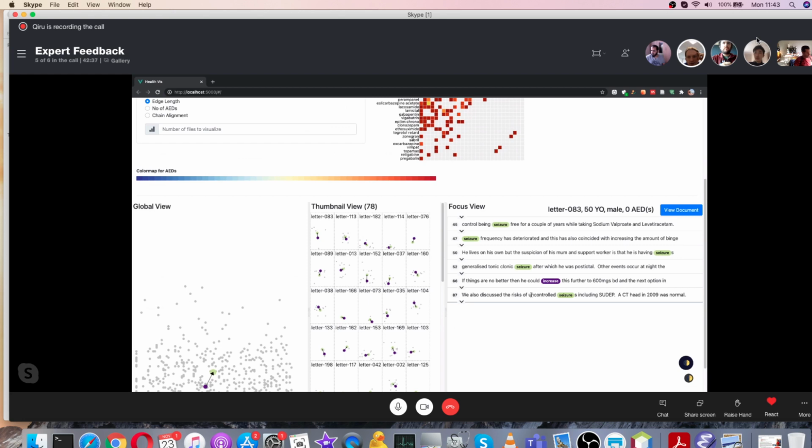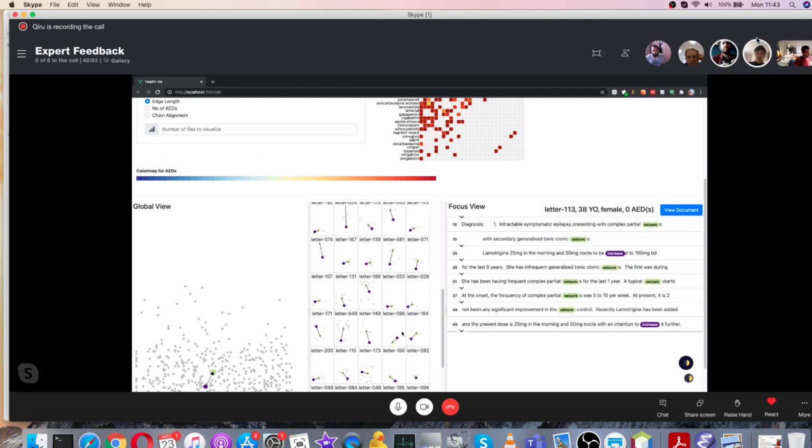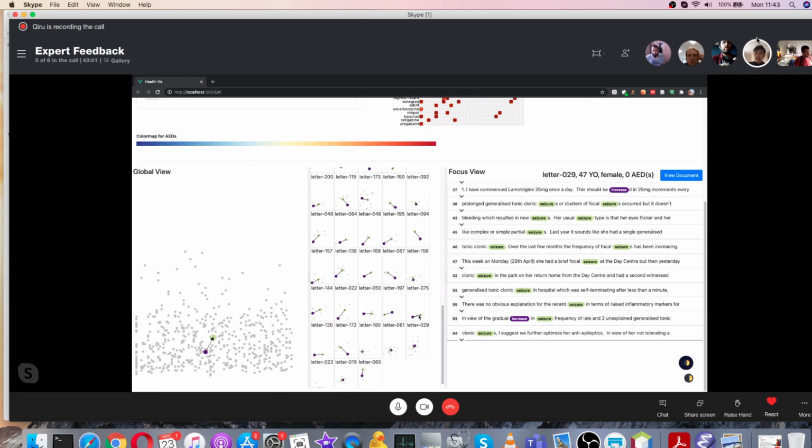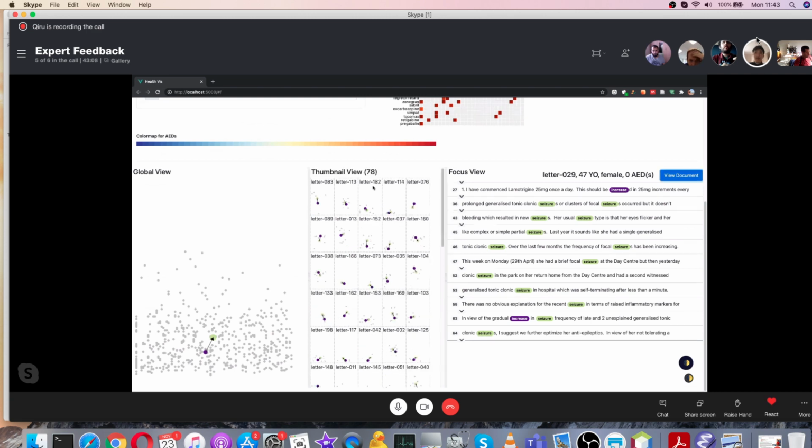I see, the edges. So some are close and some are pretty far. I don't know why this one is really far. It's because it's centroid distance. This must be a really long letter. Let's look at the shorter ones then.